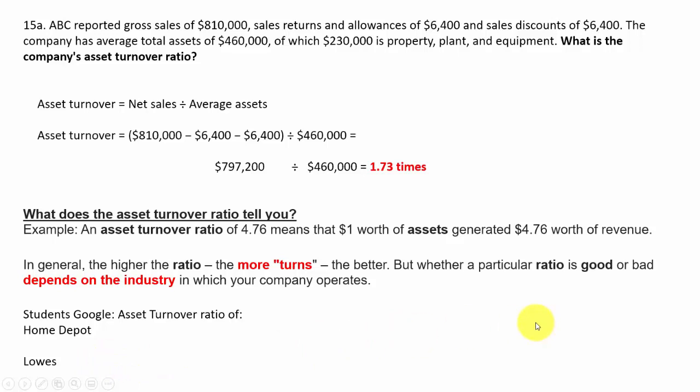So we pause for just a second, and now we'll figure this out based on what Google says. And it looks like Home Depot is 2.44. That's their asset turnover ratio, while Lowe's has an asset turnover ratio of 0.52. So who's doing better? Well, higher is better, so Home Depot is definitely doing much better.